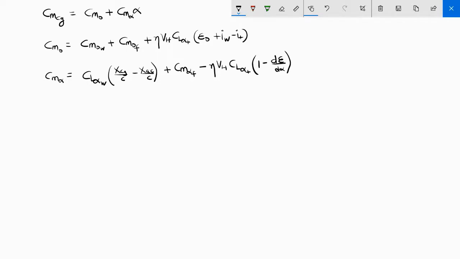longitudinally statically stable only when Cm alpha is less than 0, right? So this is the condition for longitudinal static stability. And Cm alpha equals 0 is the condition for neutral stability.